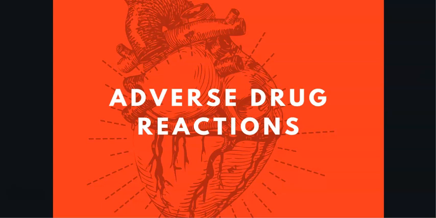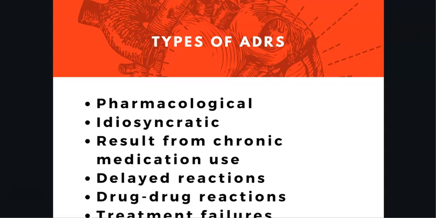So again, when we're talking about adverse drug reactions, there is the pharmacological, the idiosyncratic. It could be a result from chronic medication use, delayed reactions, or it could be treatment failures. So time-related adverse drug reactions, that's rapid reactions. Okay, it could be first dose reactions, early reactions, or it could be intermediate where it doesn't happen right away.